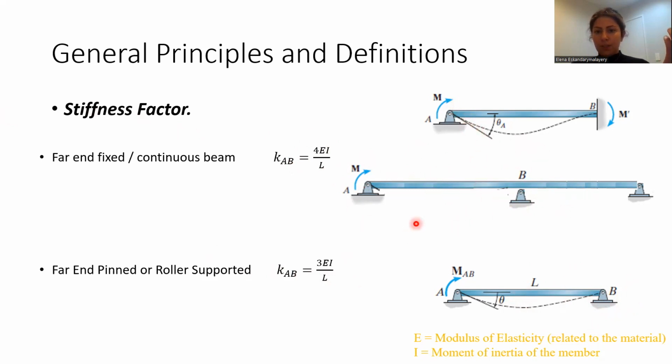So for example, if you look at this beam, you have to calculate KAB, KBA, KBC, and KCB. So we have 4 stiffness factors that we need to calculate for this example.